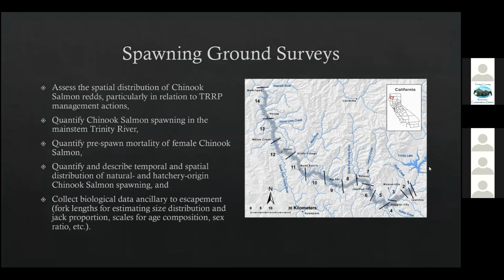These surveys are used to assess the spatial distribution of Chinook salmon redds, particularly in relation to TRRP management actions, to quantify Chinook salmon spawning in the main stem river, to quantify pre-spawn mortality of female Chinook salmon, to quantify and describe temporal and spatial distribution of natural and hatchery origin Chinook salmon spawning, and to collect ancillary biological data such as fork lengths and jack proportions, sex and age compositions, etc.